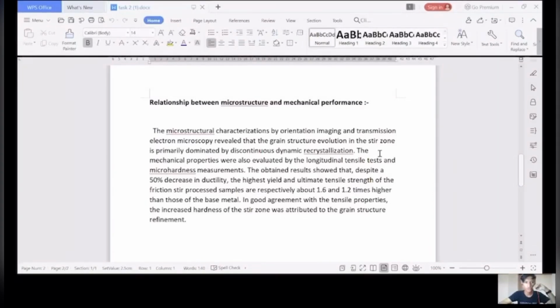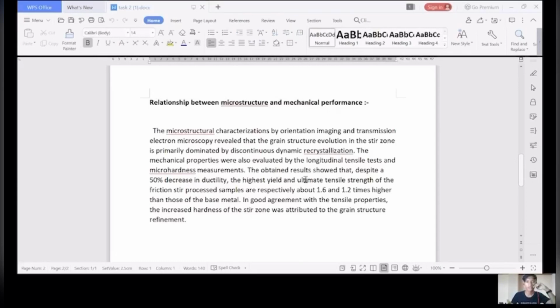Microstructure and mechanical performance. The microstructure characterizations by orientation imaging and transmission electron microscopy revealed that the grain structure evolution in the stir zone is primarily dominated by discontinuous dynamic recrystallization. The mechanical properties were also evaluated by longitudinal tensile tests and microhardness measurements.